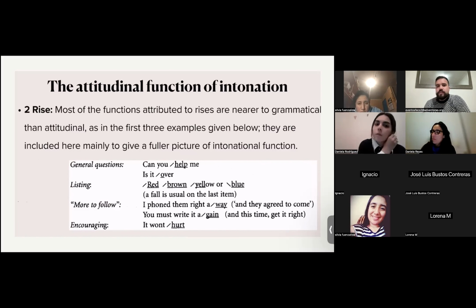"Can you help me?" Yes. "Is it over?" No. For example, listing: "Red, brown, yellow, or blue." It's very common to use a falling tone at the end of the list.